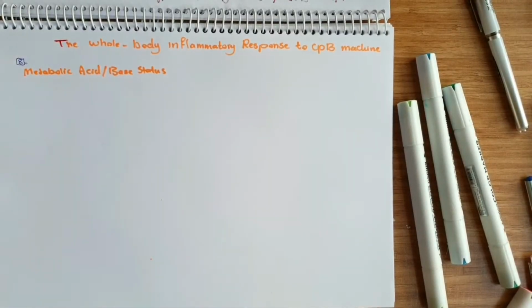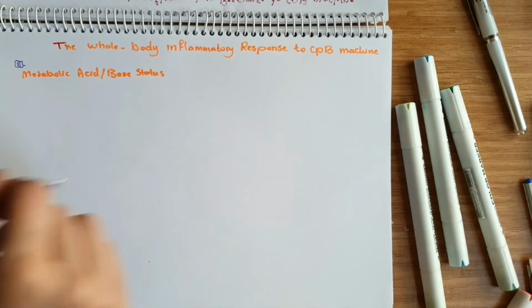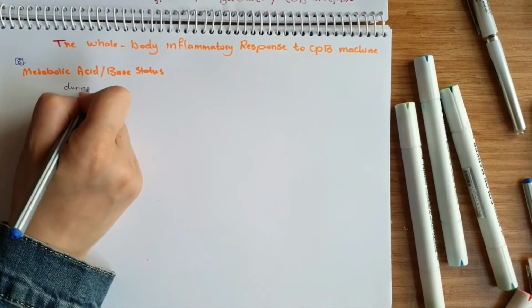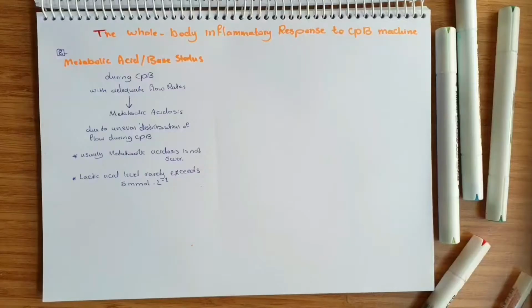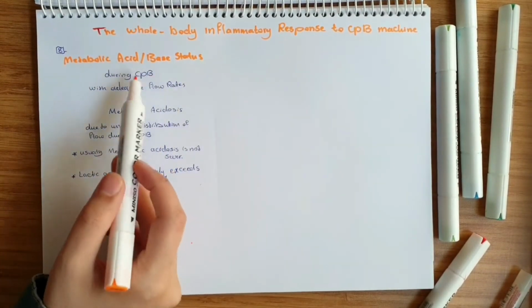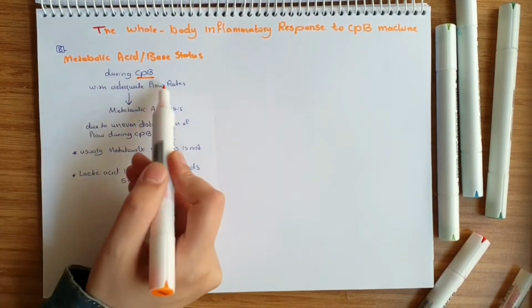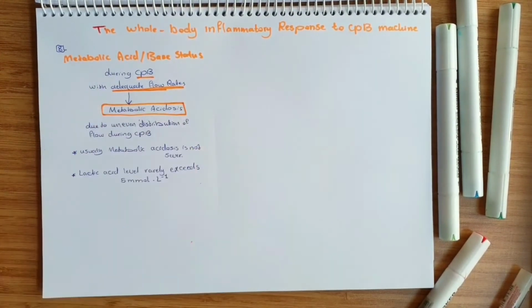Metabolic acid-base status. Usually, during the cardiopulmonary bypass machine, there is metabolic acidosis, even when there is adequate blood flow. This is because of uneven blood perfusion. There are some areas that don't get enough blood, and that will cause lactate production by these areas.